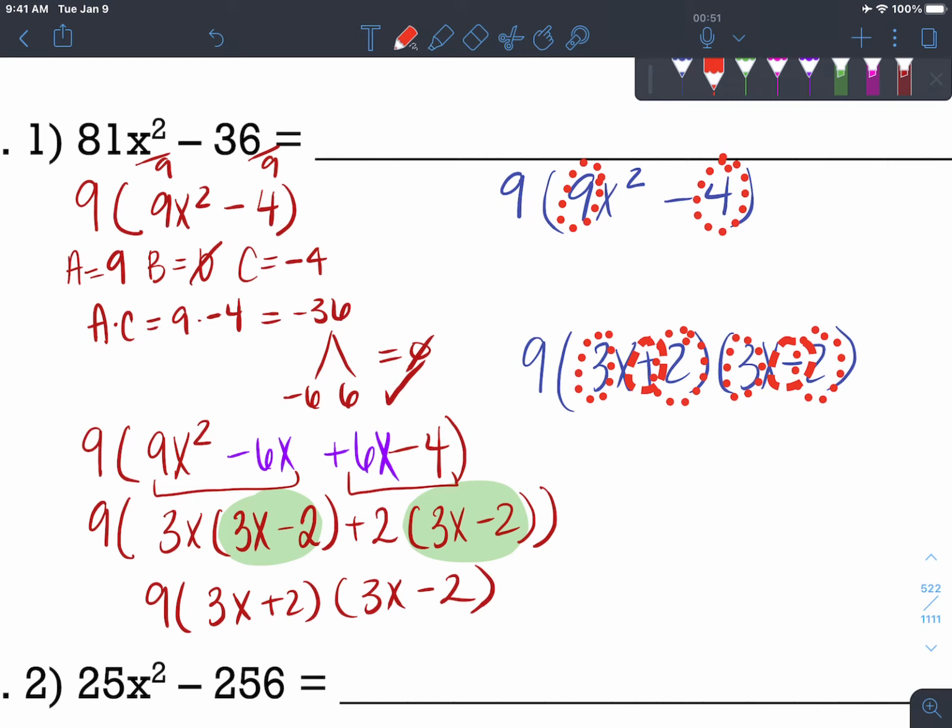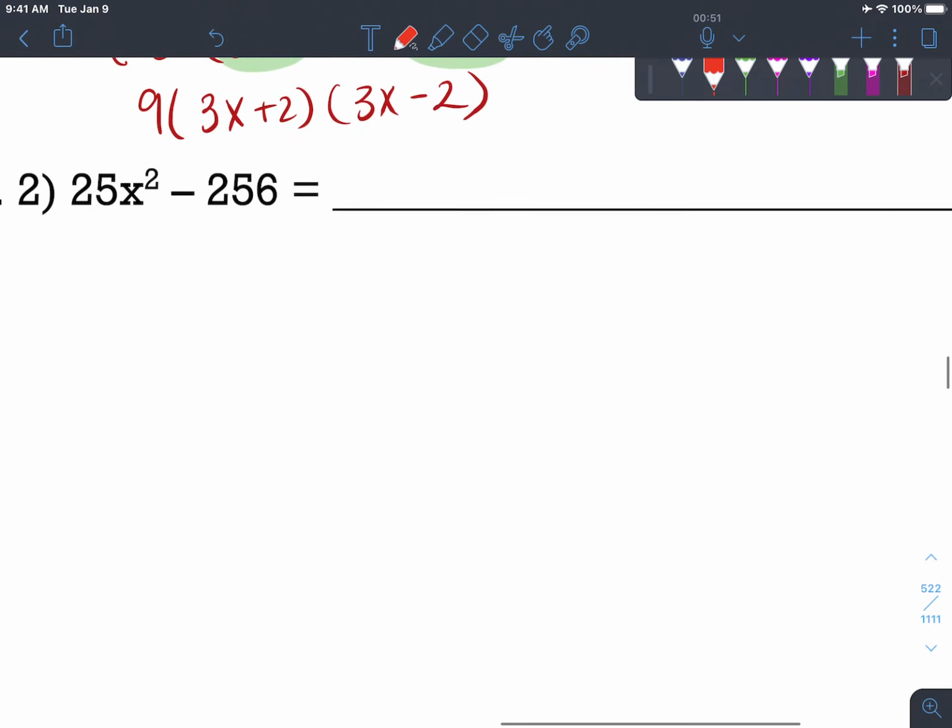Very interesting. So that means that the pattern is take the square root of the first number, square root of the second number, split it apart into 2 separate binomials, one with the plus, one with the minus. Okay? So let us verify that this would work here.